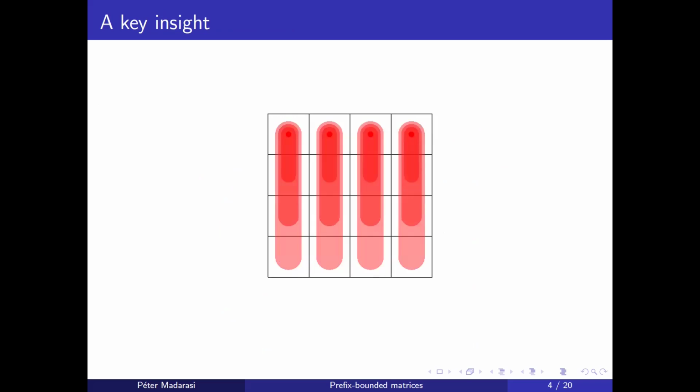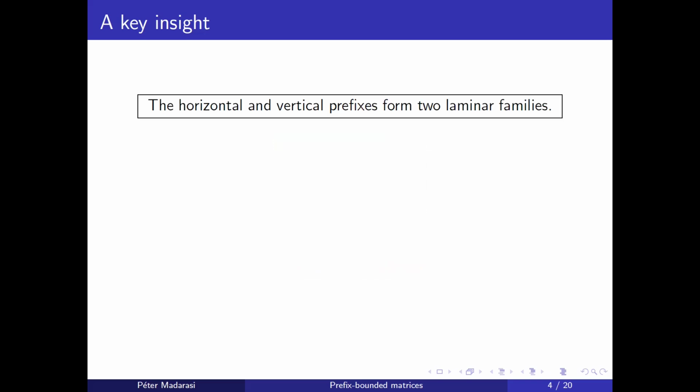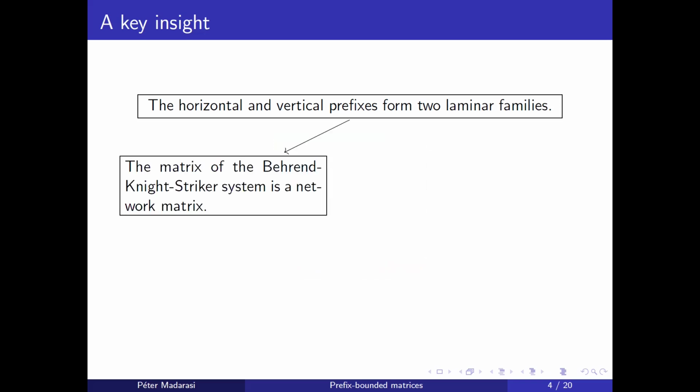Now, this very simple observation immediately puts us into a rather favorable situation within optimization, because linear programs and the corresponding polytopes defined by such families of sets are very well studied and very well understood. For example, by classical work due to Edmonds and Tutte, we immediately get that the matrix of the linear inequality system by Péter, Knight, and Slater is a network matrix.